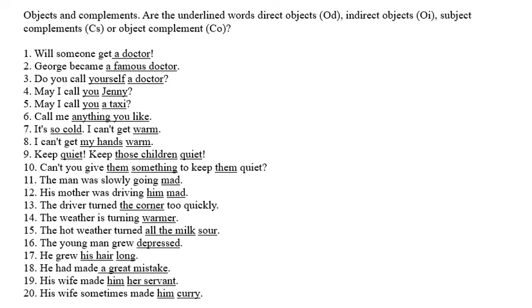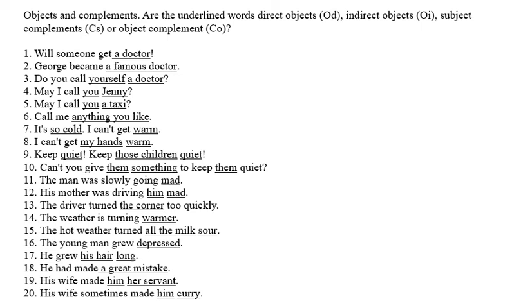So we've got may I call you Jenny and may I call you a taxi. Okay, there are various jokes that you can make in English over this, right? You can say to somebody, may I call you a taxi? And they say, no, my name is something else, right? So here there's a difference between calling somebody something, like saying that's their name, and calling a thing for somebody, right? So in the first example, may I call you Jenny?